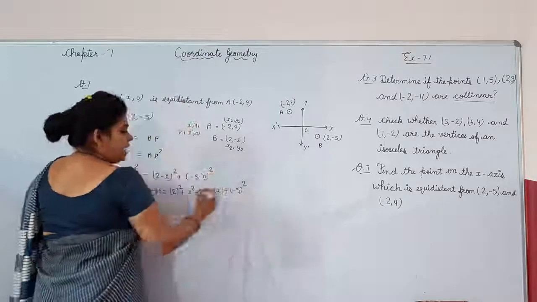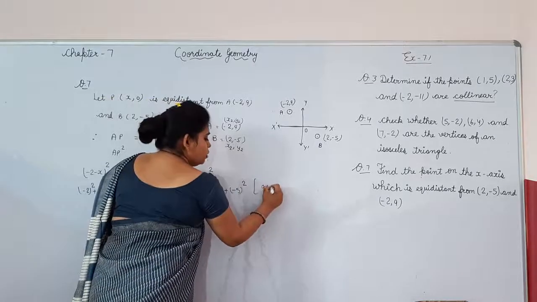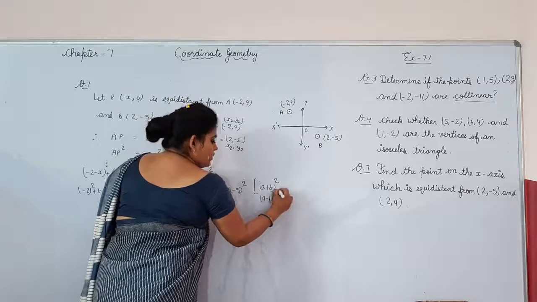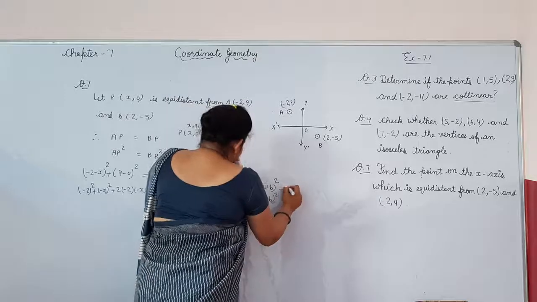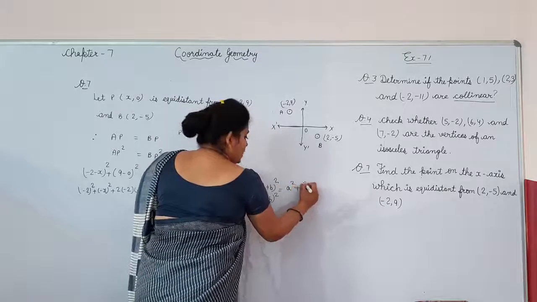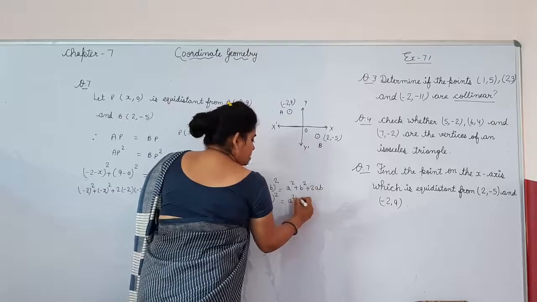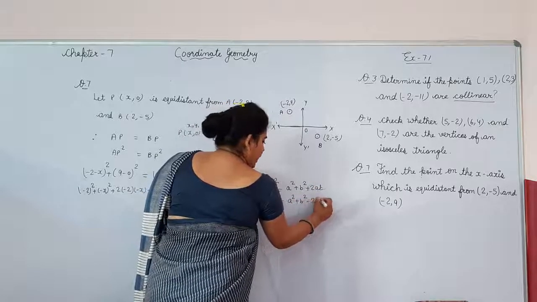We are using identities here. Which identities have I used? (a plus b) whole square and (a minus b) whole square, which are equal to a square plus b square plus 2ab and a square plus b square minus 2ab.